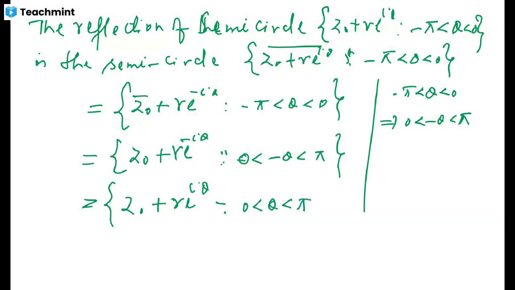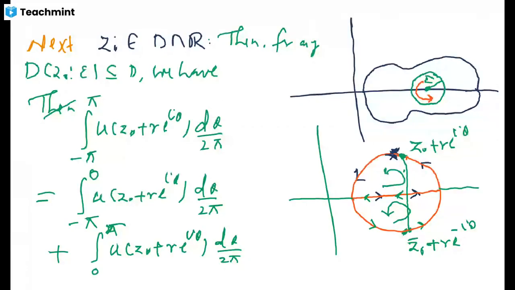So this is the reflection of this semicircle in the lower half, and it is exactly the semicircle in the upper half. Then let's look at how you define this.